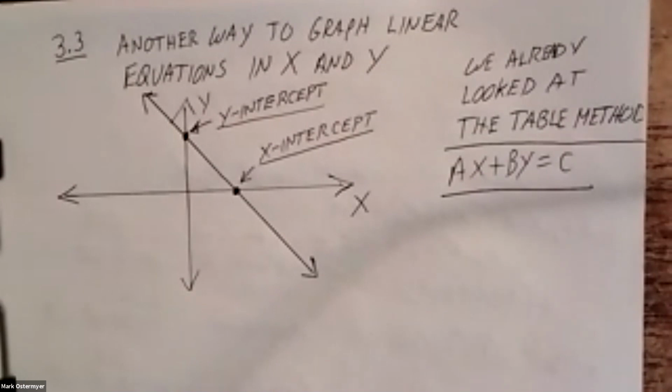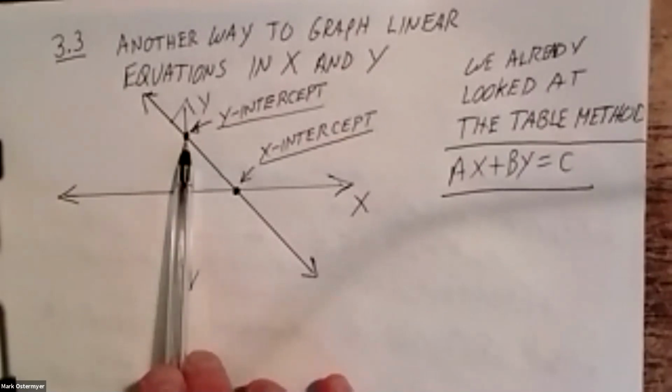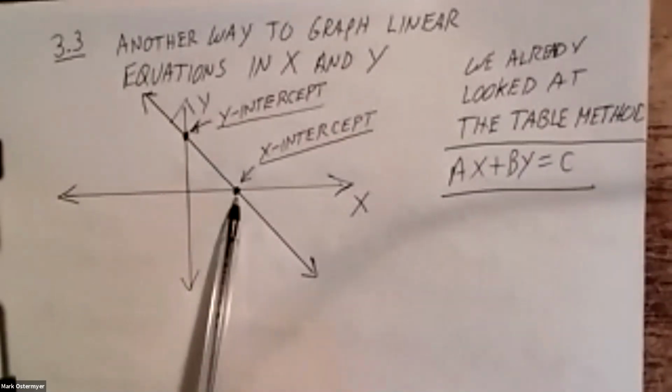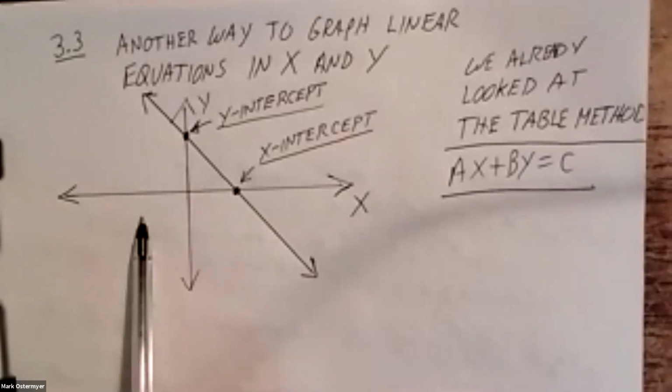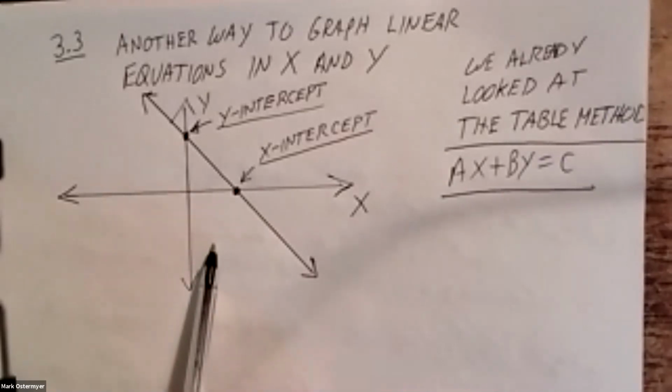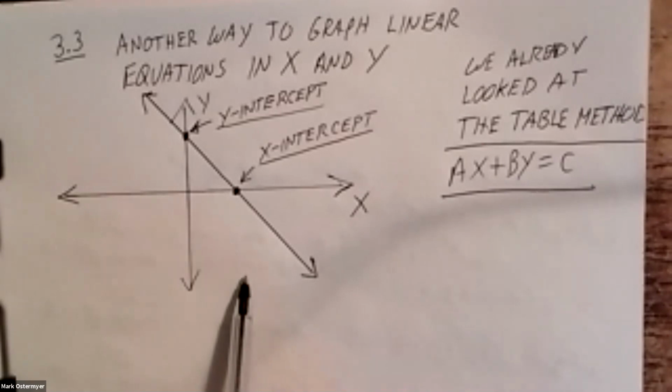All right, so it is a fact that X-intercepts are always points that lie on the X-axis. A Y-intercept is always going to be a point that lies on the Y-axis. And of course, again, those points mark the point of intersection between the line or the graph and the respective axis.